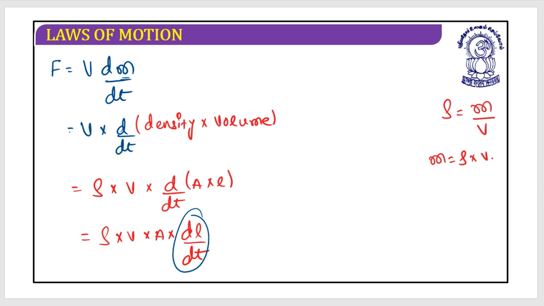Now dl by dt can be written as V. So this is equals to rho V square A, or I should write it's rho into A into V square. Is it clear? This is very important formula that has been used at various questions. So please do remember this F is equals to rho into A into V square.